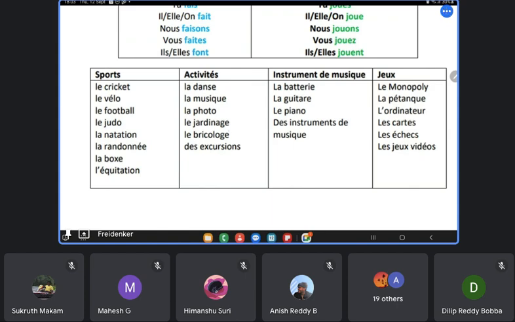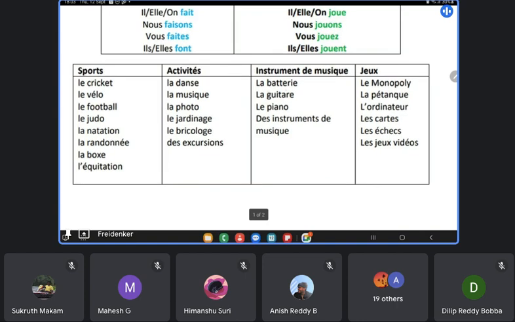Bricolage is DIY, do it yourself. That is one activity. Excursion is again an activity. La batterie is the drums that you play. I think we did some French worksheets in the class. You must have seen it.